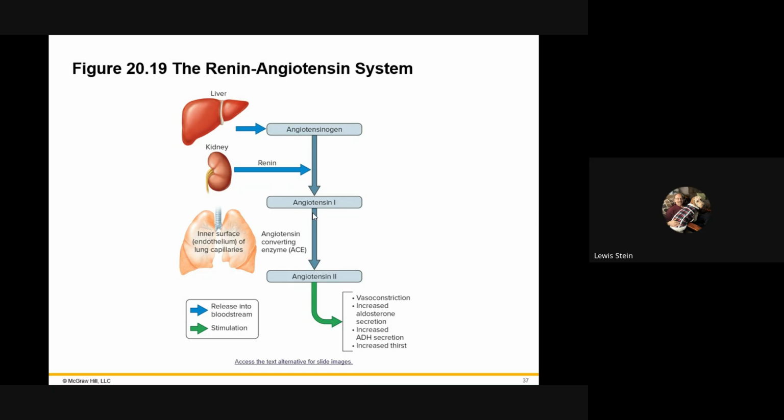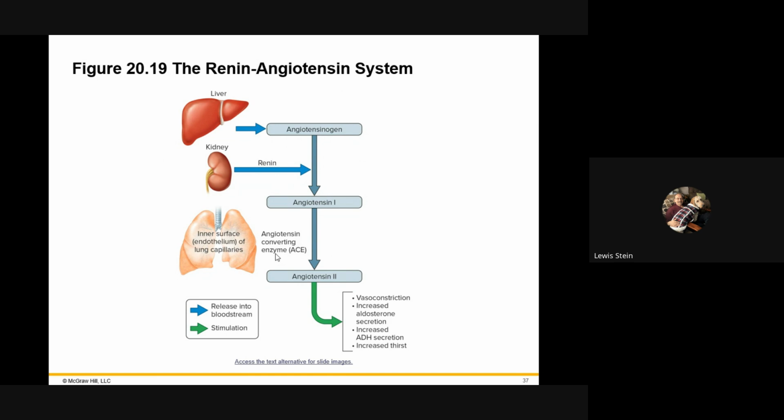The big deal is when that blood eventually circulates to your lungs, where all the blood is going to go anyway to get reoxygenated. There's a substance in the lining cells called ACE, angiotensin converting enzyme.